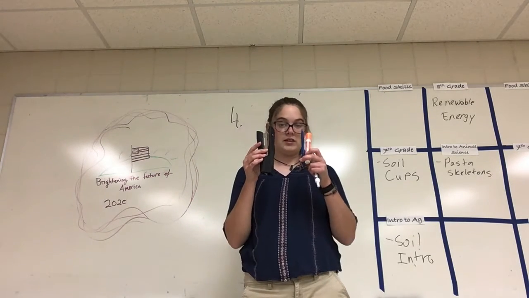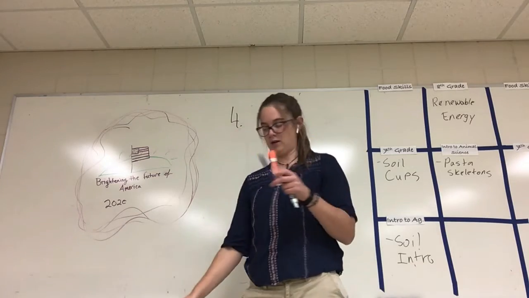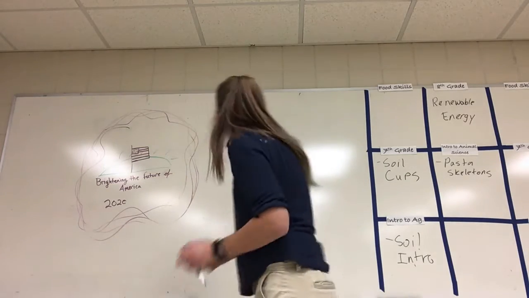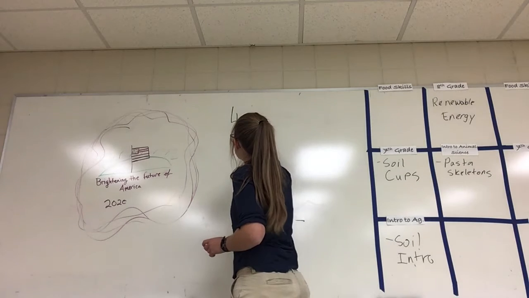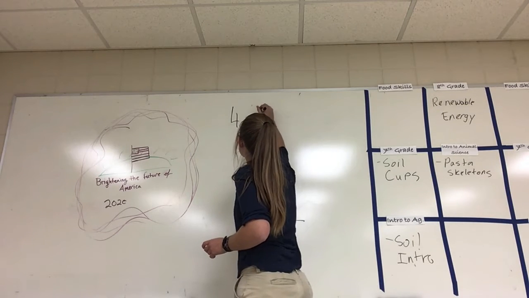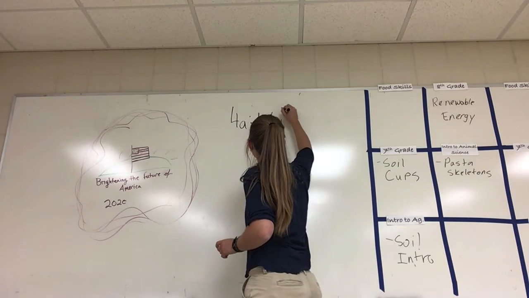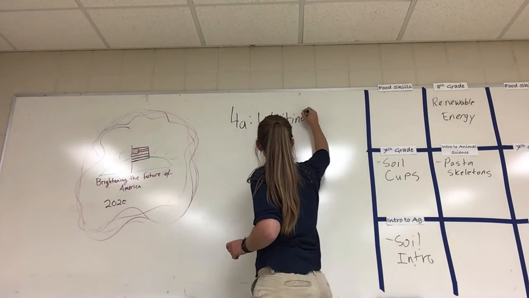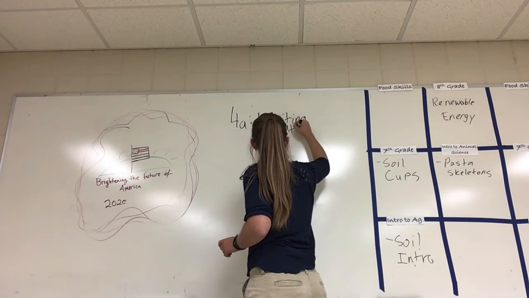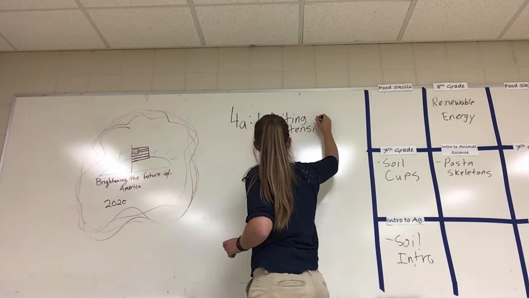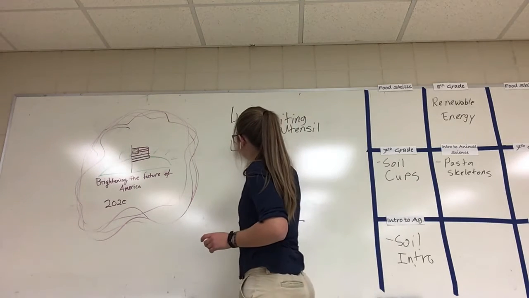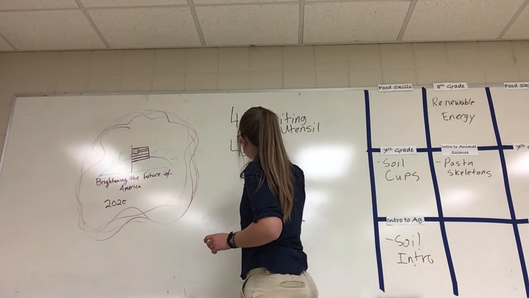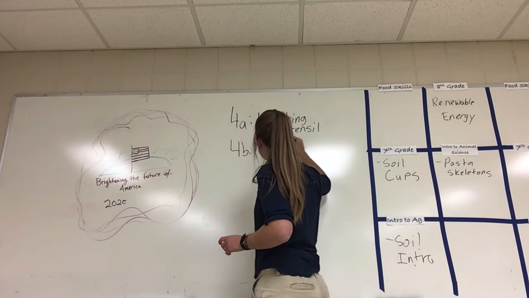One way to divide this out is writing utensil, not a writing utensil. So, for A, we're going to say is a writing utensil. And for B, not a writing utensil.